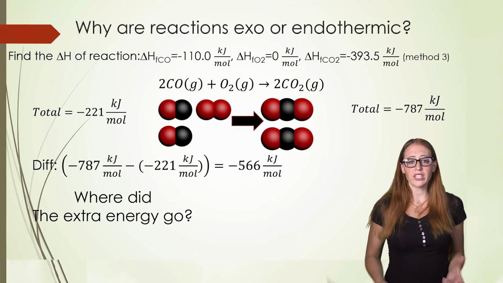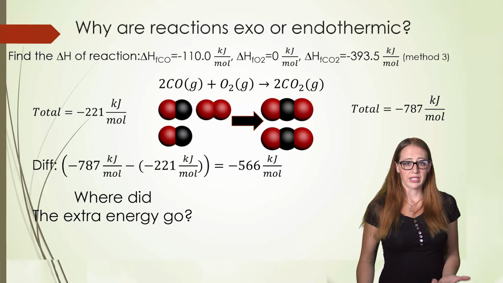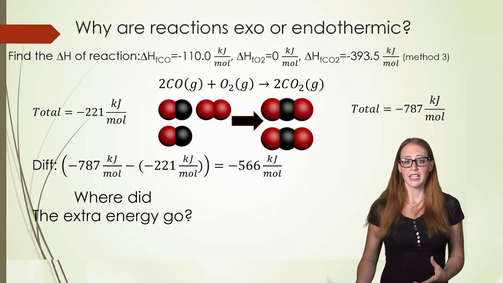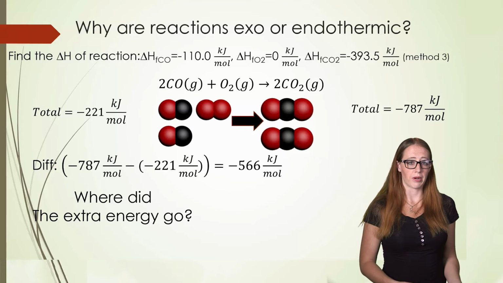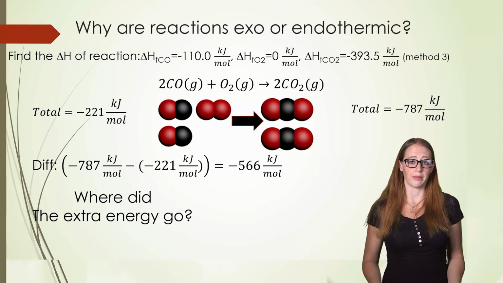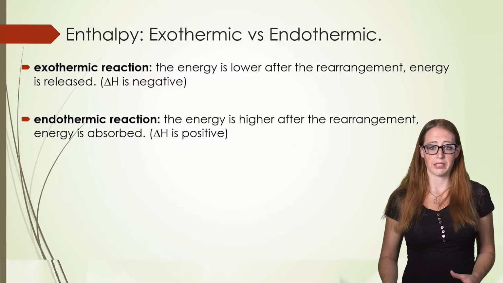Now, where did all of that extra energy go? It's going out into the surroundings, and this is what gives us exothermic versus endothermic reactions. It's all based on the values of the product's enthalpy versus the values of the reactant's enthalpy. So this is just going to restate and summarize this concept.